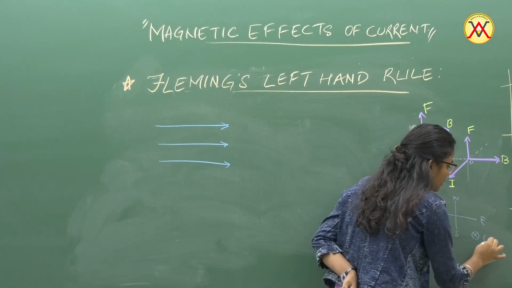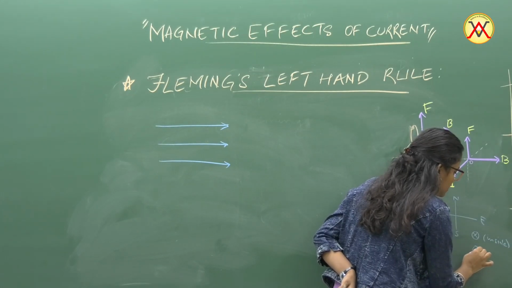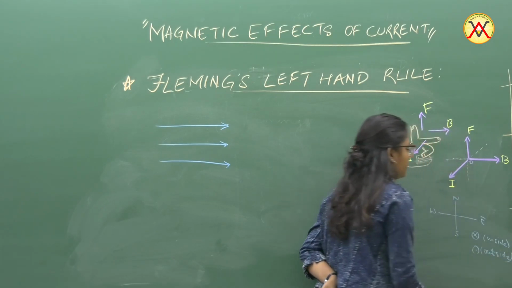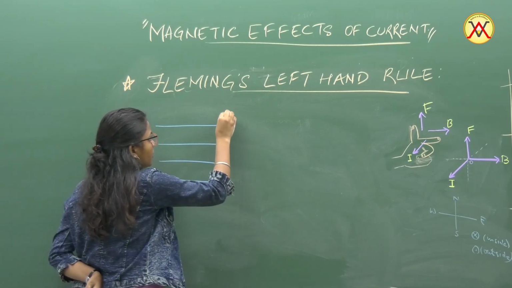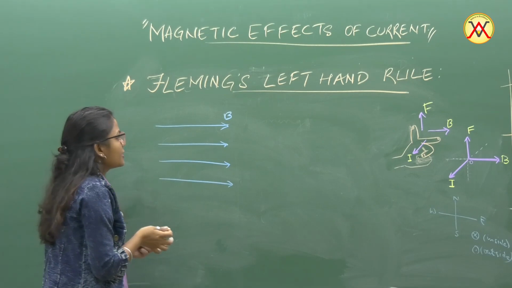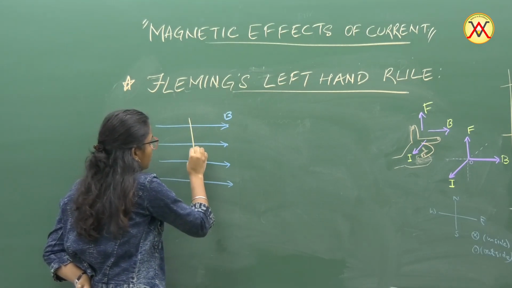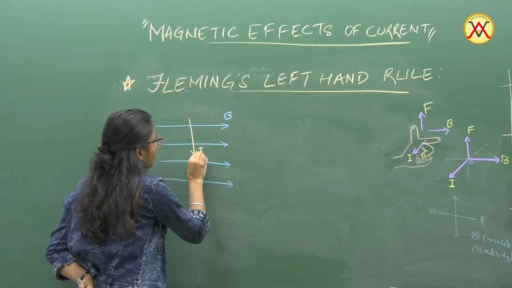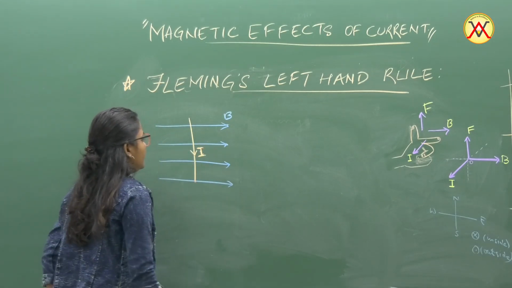Then this will be inside the plane and this will be outside. This is the direction of magnetic field. Let me show the direction of the current carrying wire using orange chalk. This is the direction of our current I. Let's suppose this is I, total current I.